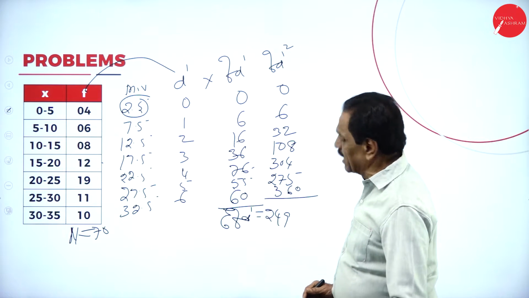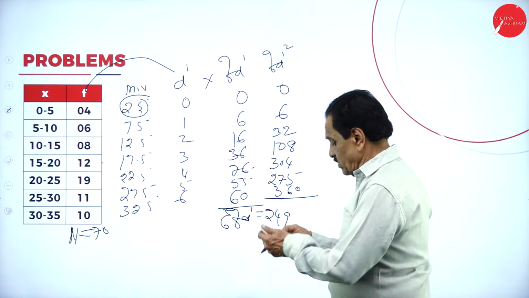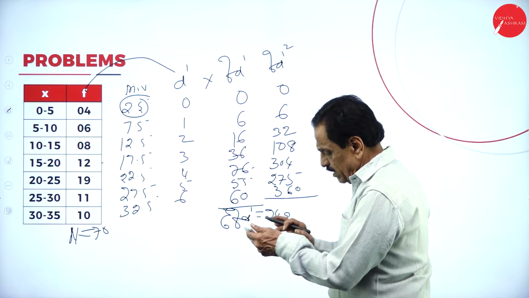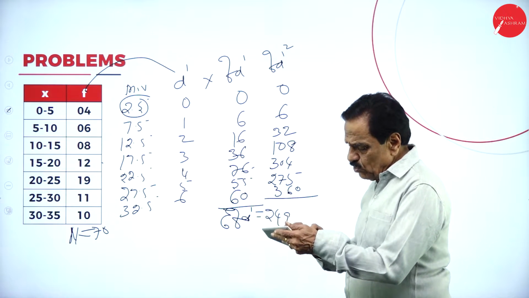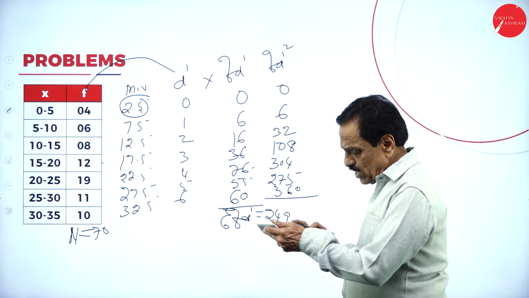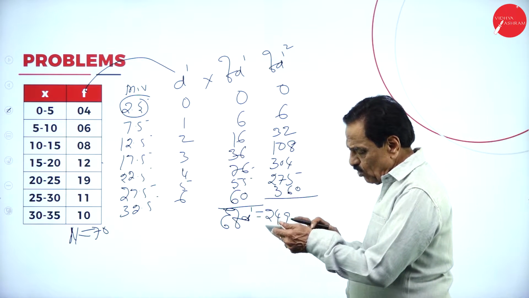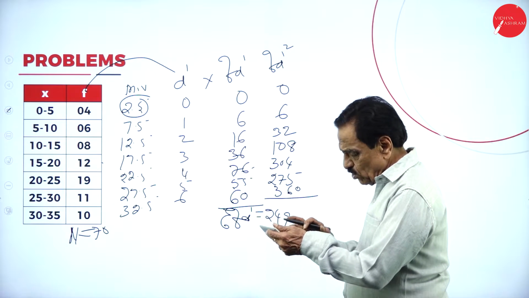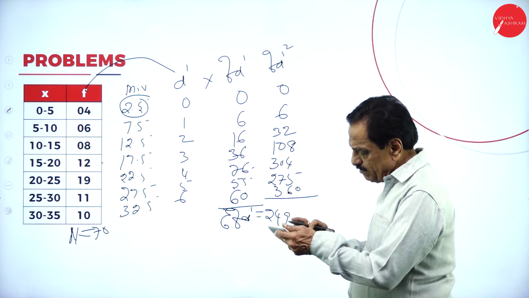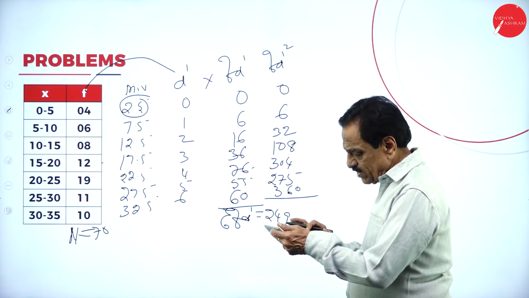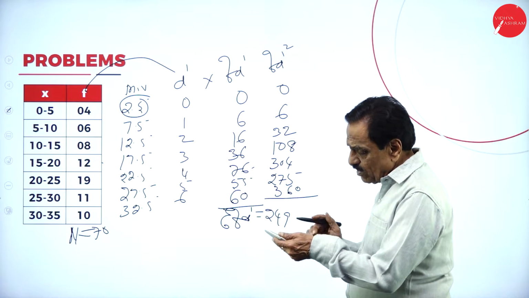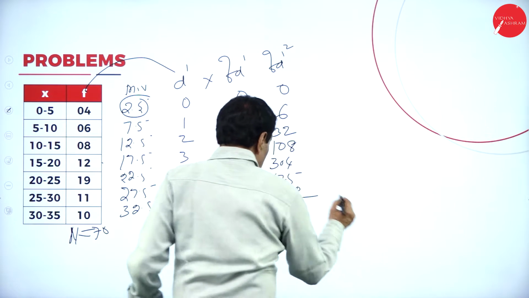Now add the numbers. 6 plus 32 plus 108 plus 304 plus 275 plus 360 is equal to 1085.